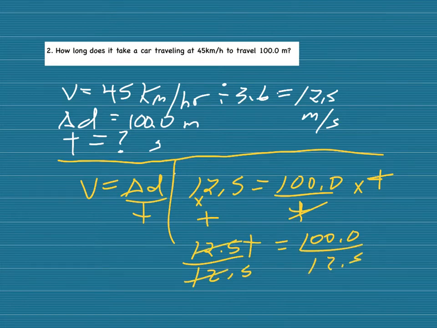Cancels on the left, and I'm left with t is equal to 8. I want to show my answer to 2 decimal places, so a whole number would just be 8.00, and its unit is going to be seconds.